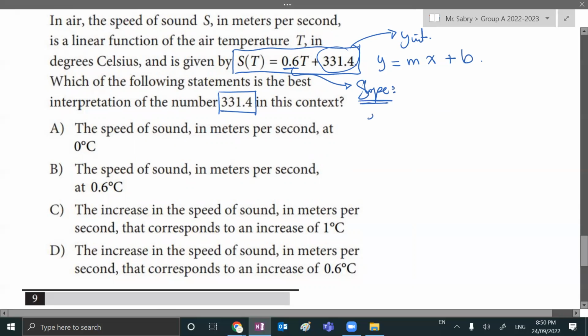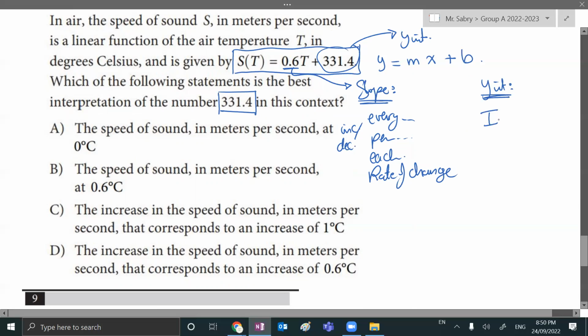The keywords of the slope are every so and so, per so and so, each, the rate of change. This could be increase every so and so or decrease every so and so. While the y-intercept, on the other hand, has different keywords.